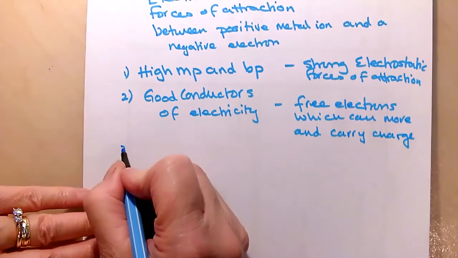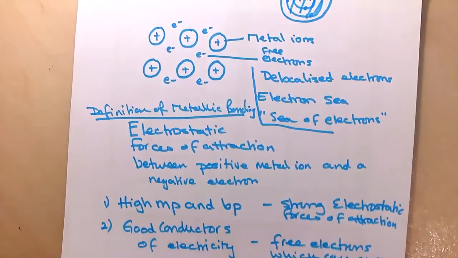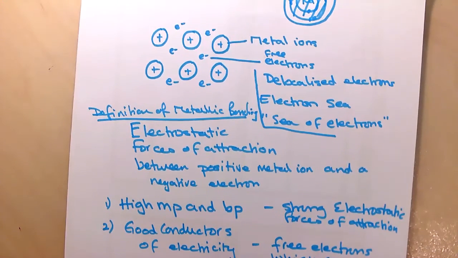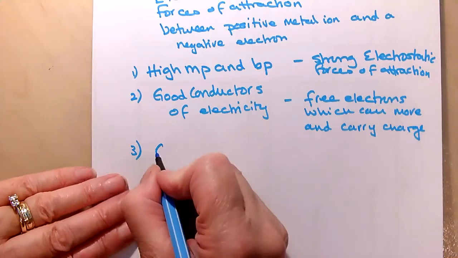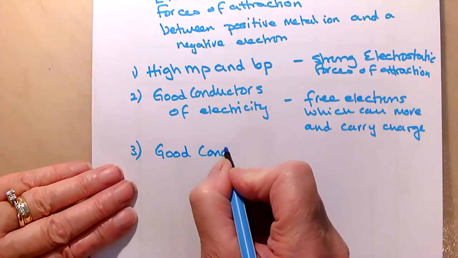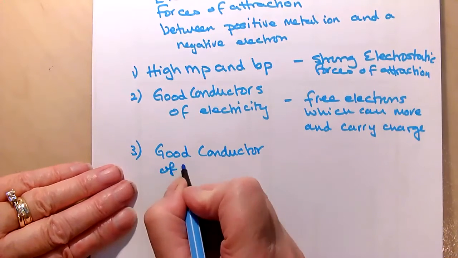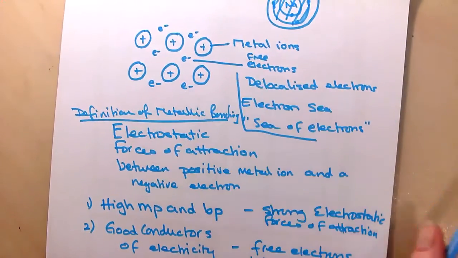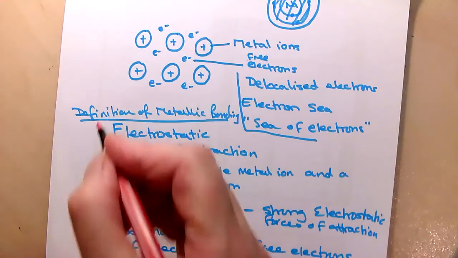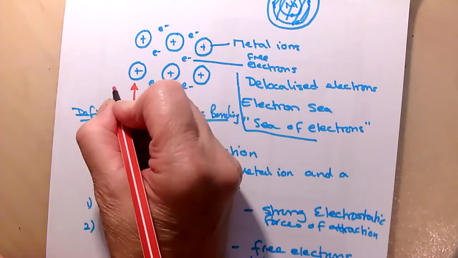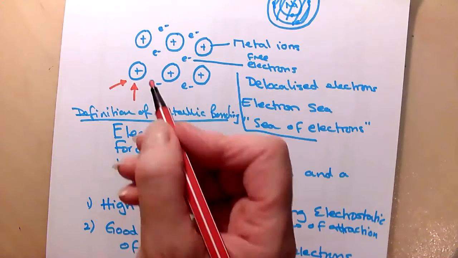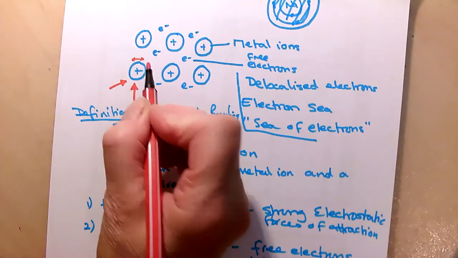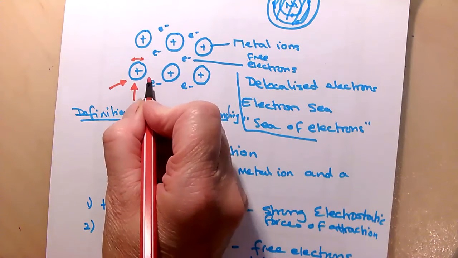And the third thing that we know about our metal structure is it's a good conductor of heat. And why is that? That's because when we supply this with heat, if we put heat in at this point, then this metal atom will start to vibrate a little more. The electrons will start to vibrate a little more.